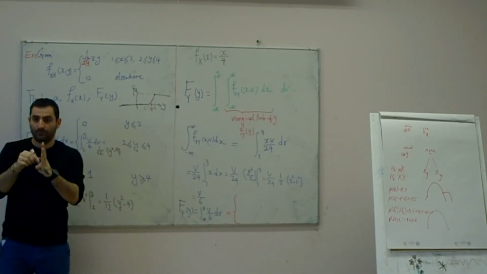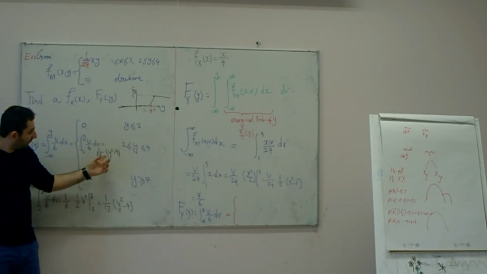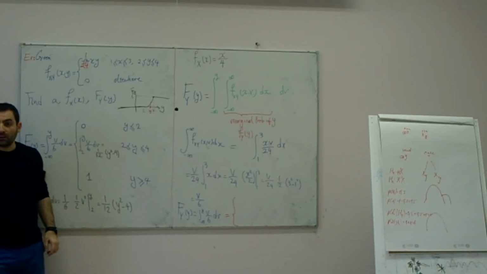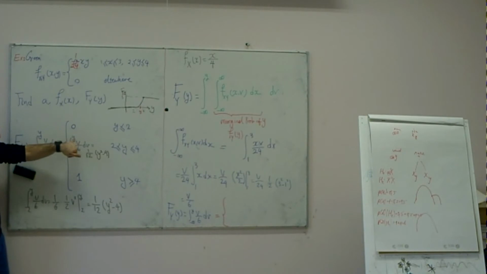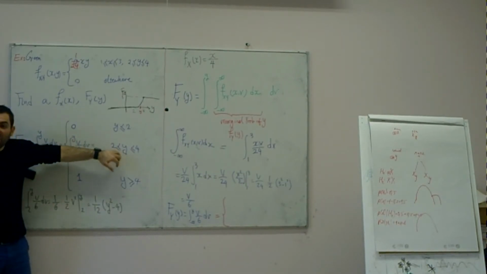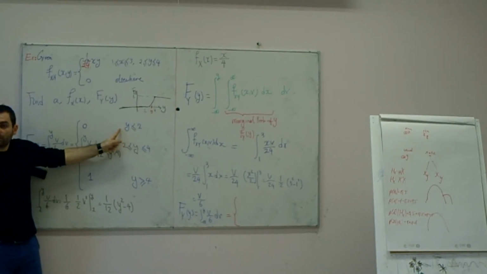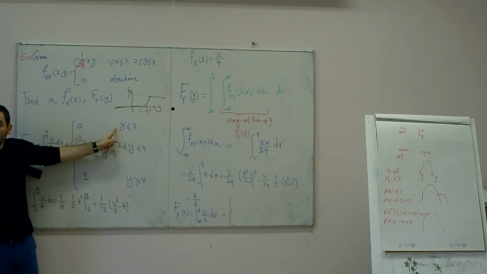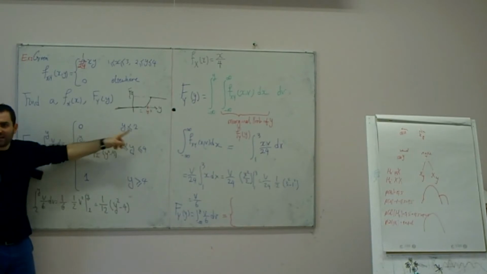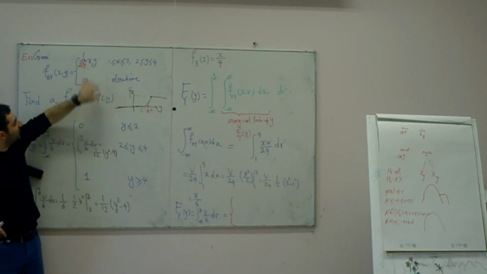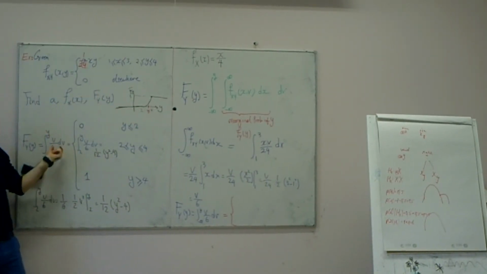Or maybe it's 4. Maybe it's equal to 4. We don't know. The value of y is between 2 and 4. Now, what is the value of y here? 2 or less than. We don't know. It's a value less than 2. But we know that the result will be 0 because the value of the function is 0.